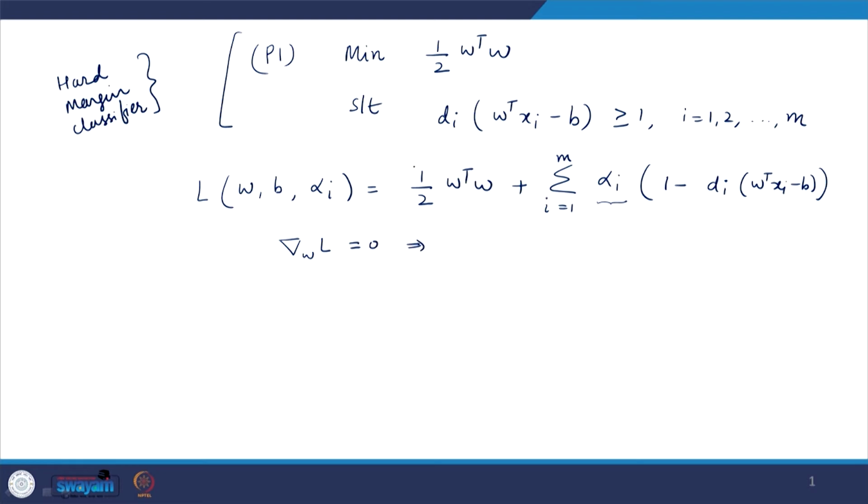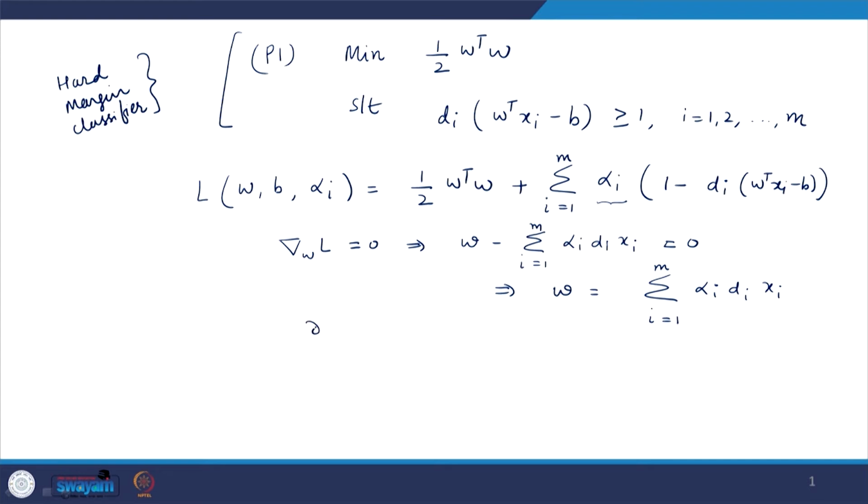If we differentiate this with respect to W, this is W only, and then minus summation i from 1 to m alpha i di xi, which is equal to 0. So, this implies W is equal to summation over i from 1 to m of alpha i di xi. This is the first KKT condition.